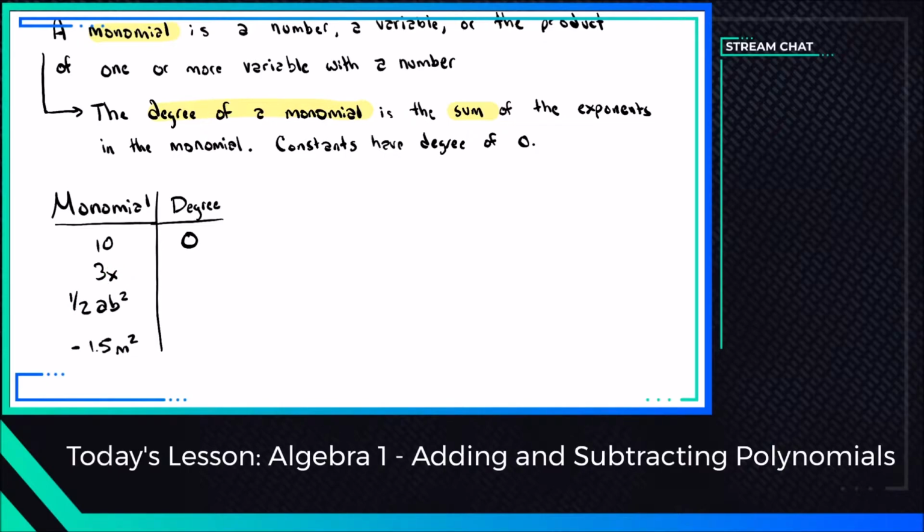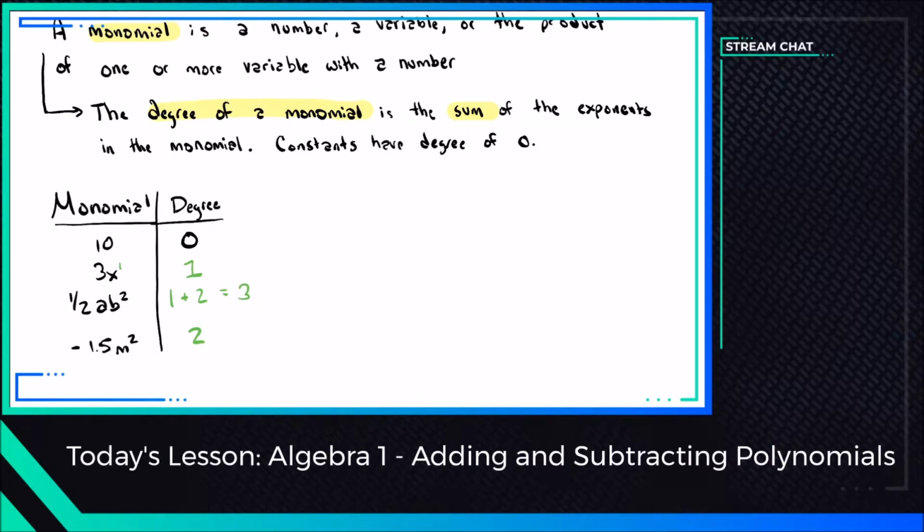Every single term has a hidden exponent there. So if you have just an x, its exponent is 1, because x to the first is just equal to x. On a, we have 1 a and 2 b's. So we're going to take 1 plus 2, and that's going to be equal to 3. And then finally this one down here is just a 2, so that's going to be 2.